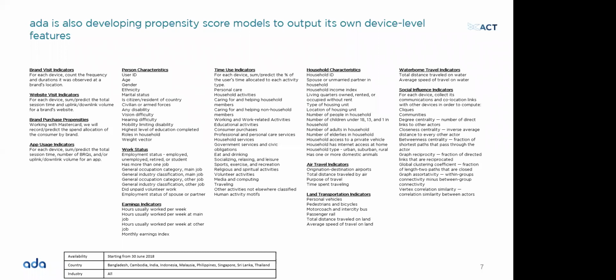There is a model that predicts the household income index of that person, how high above the average household income does this person's household make, right? Things like that. So each and every one is a model. Right? Now we're targeting starting from 30th of June to start to make significant chunks of these propensity scores available for campaign activation as well as for insights. Okay.